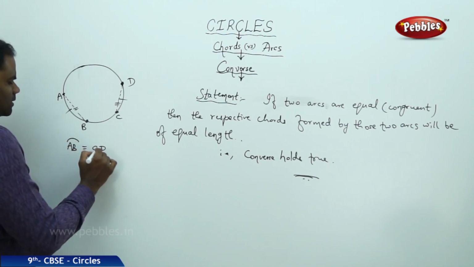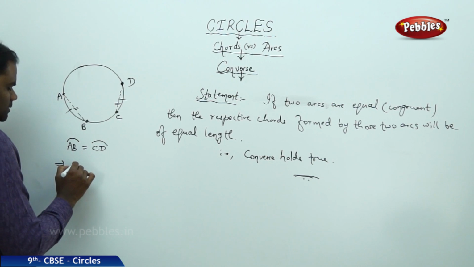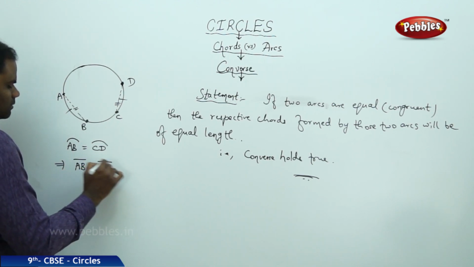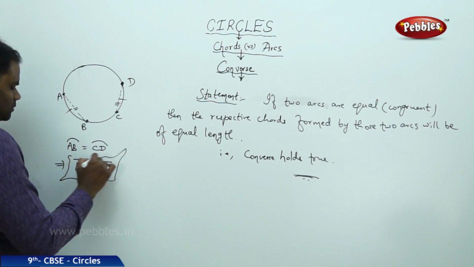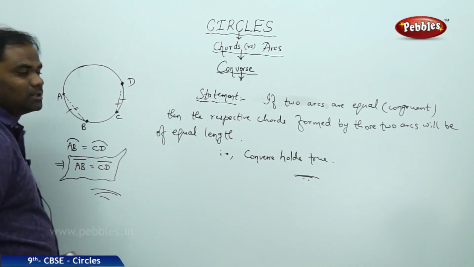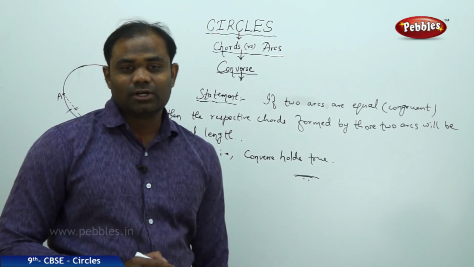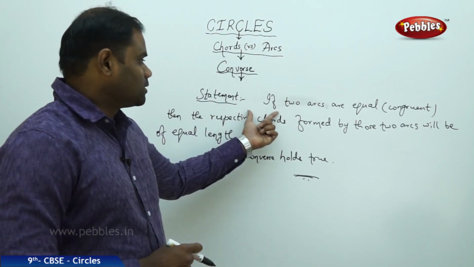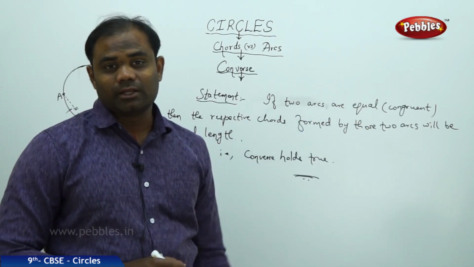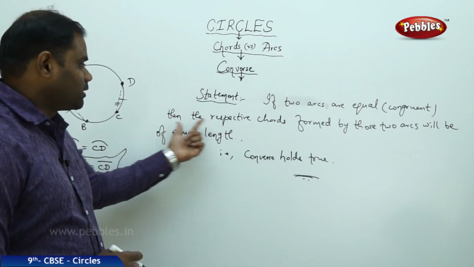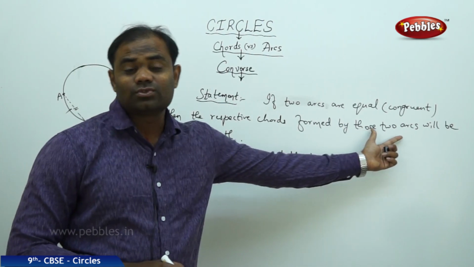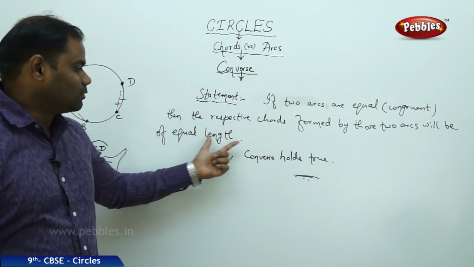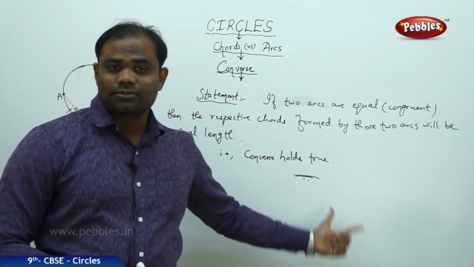Arc AB equals arc CD implies the length of chord AB must be equal to the length of chord CD. Converse holds true for the previous session. Given the statement, if two arcs are equal or congruent, then the respective chords formed by those two arcs will be of equal length.